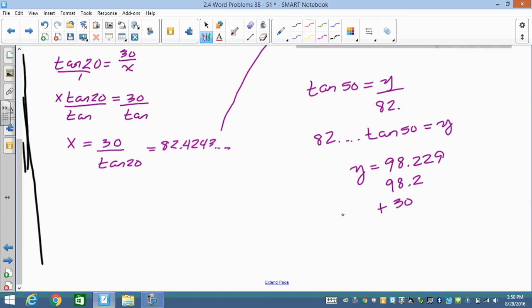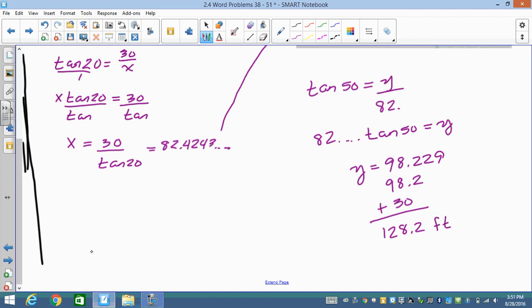So 98.2 plus 30 gives us a value of 128.2, and I believe this is in feet.